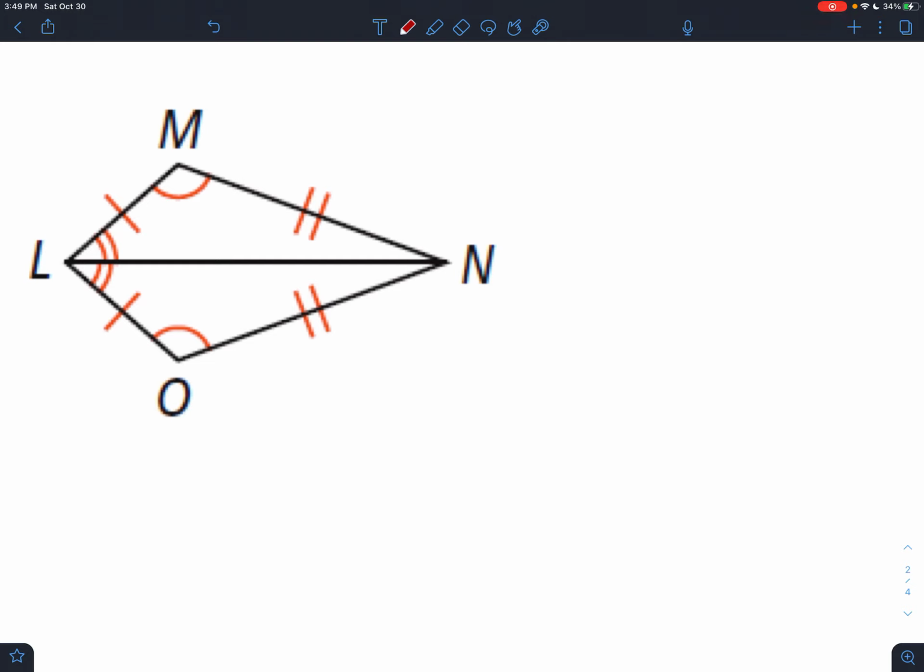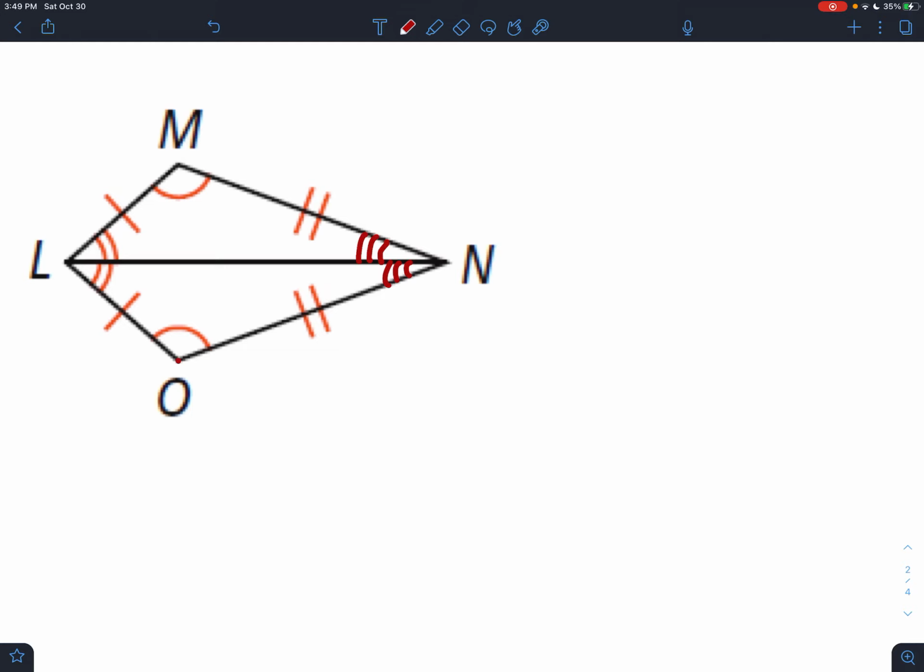So what we just learned is that if we have O and N matching and these two angles matching, that the third angles match as well. We just learned that with the third angle theorem. And so it looks like all three angles are matched up.